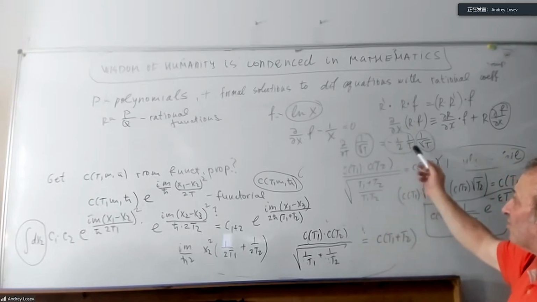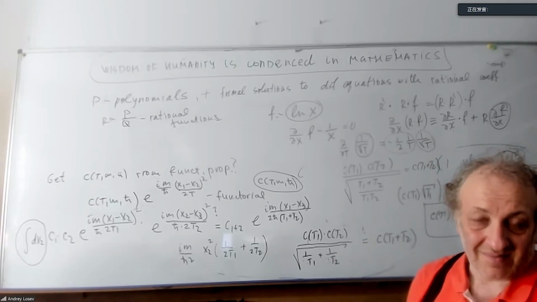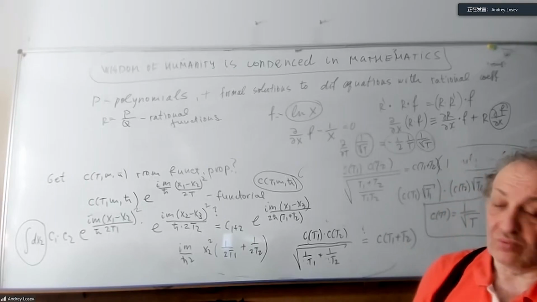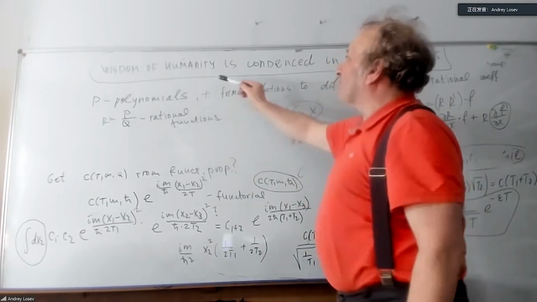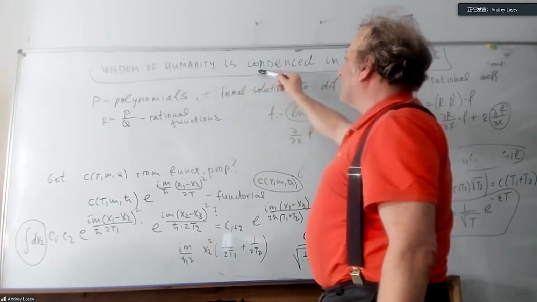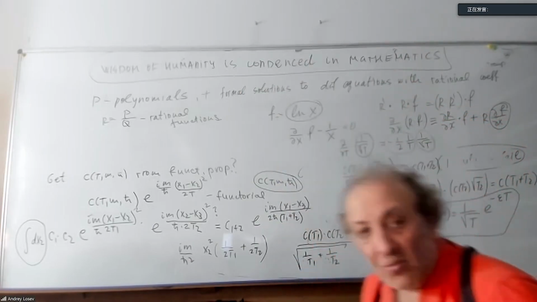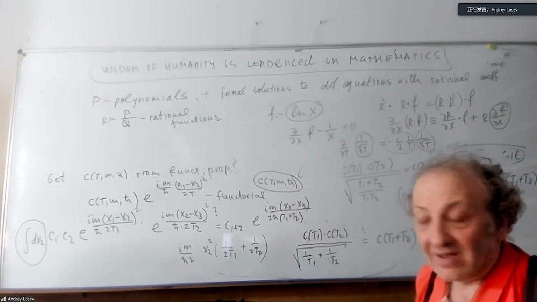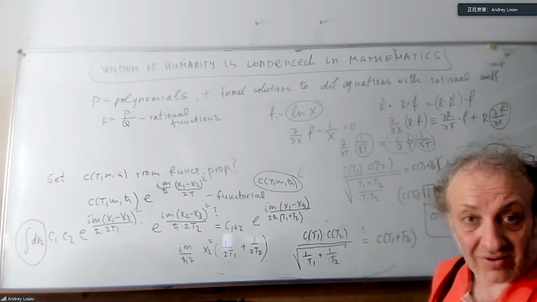And that's why you are not talking about the branch. So, with all this knowledge that comes from the wisdom of humanity condensed in mathematics, we will try to address the question about our poor determinants. Okay?